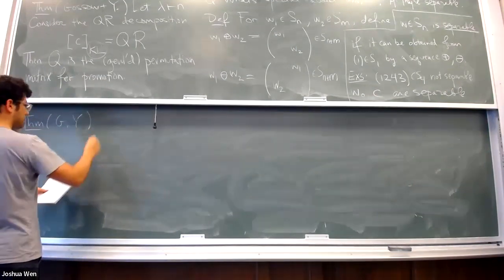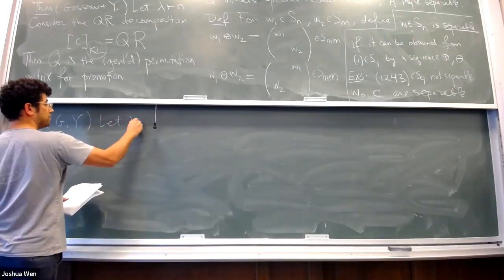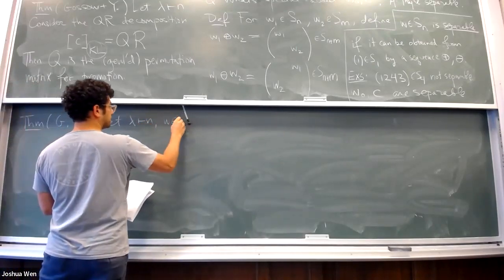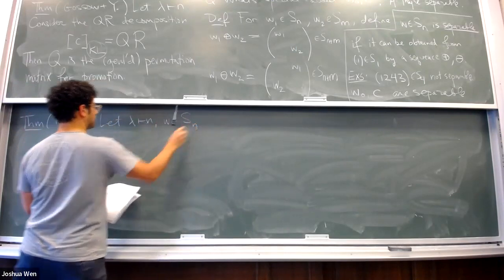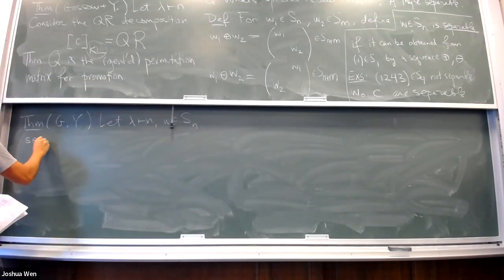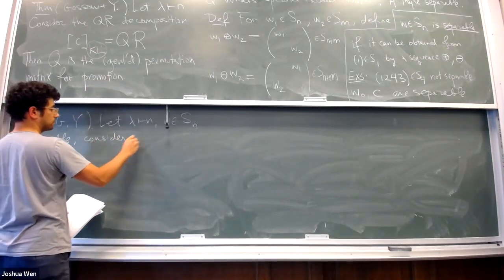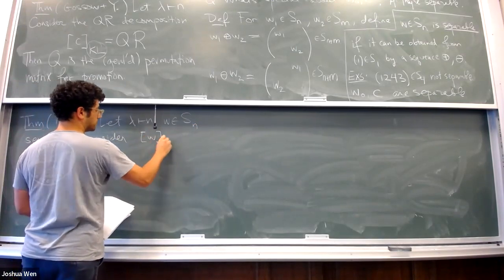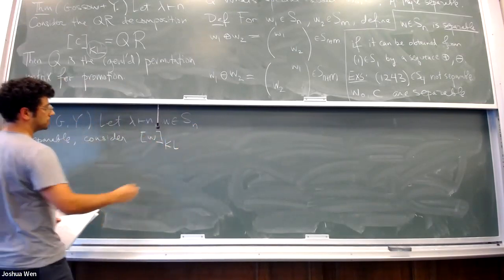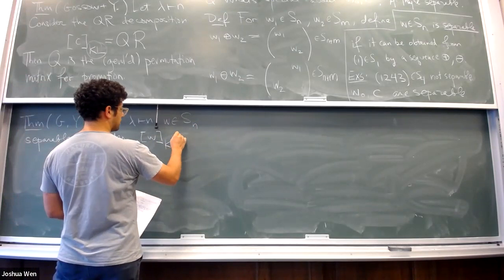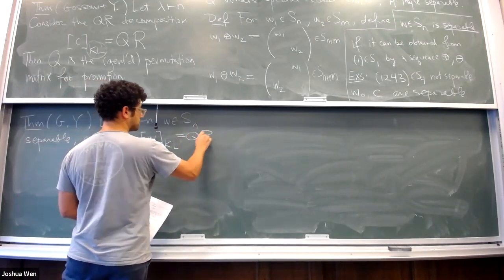Lambda is arbitrary, and now let's take W in Sn separable, and consider this QR decomposition. Again, I'm taking the matrix of W with respect to the KL basis, and I'm taking this QR decomposition.